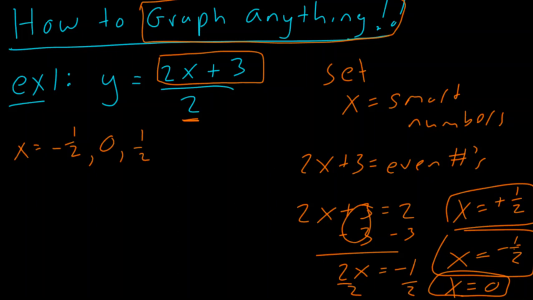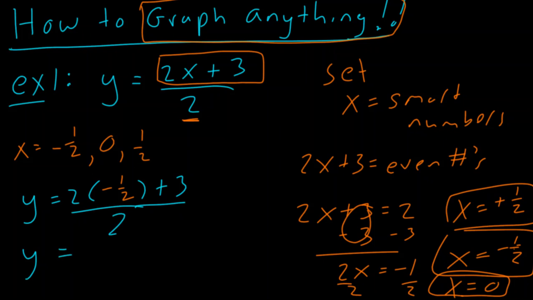In this case, we've got y is equal to (2 times negative 1/2 plus 3) all divided by 2.